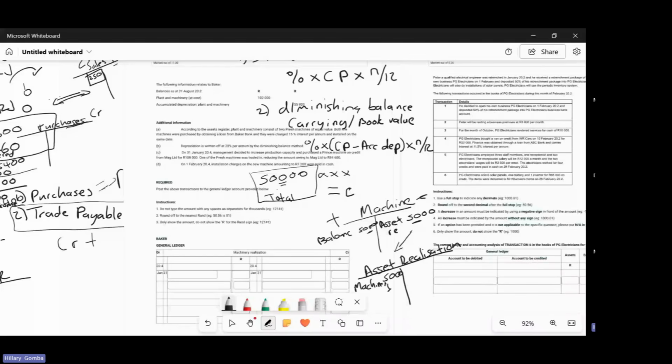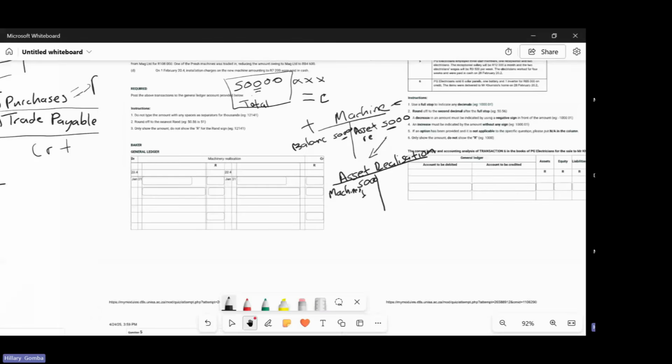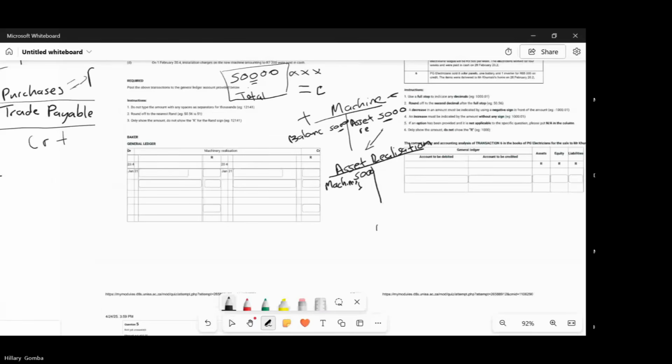The first step is transfer the cost price of the asset sold to the asset realization.